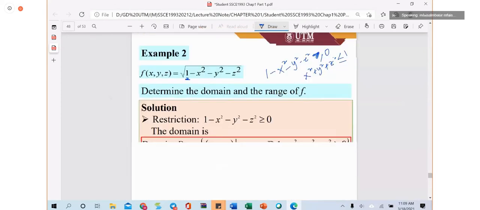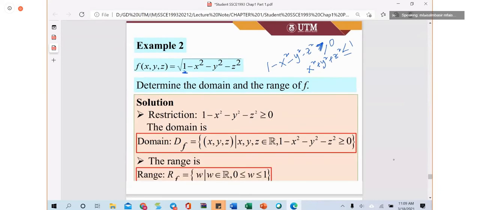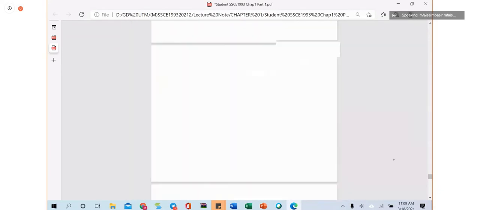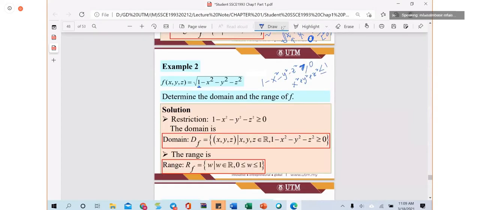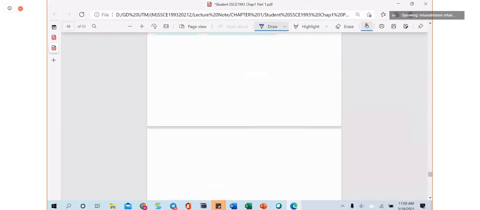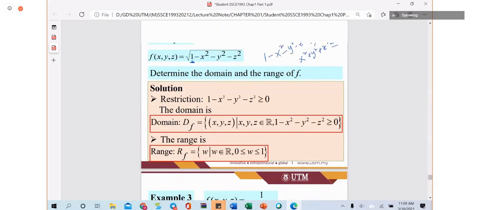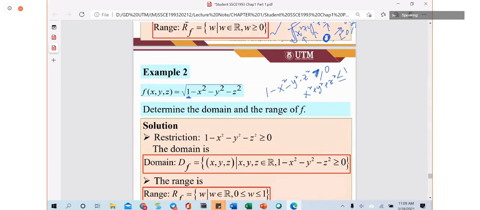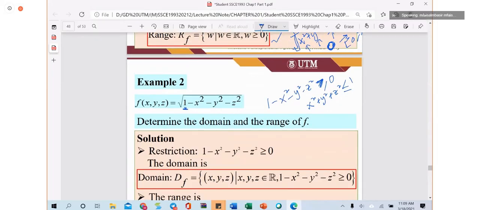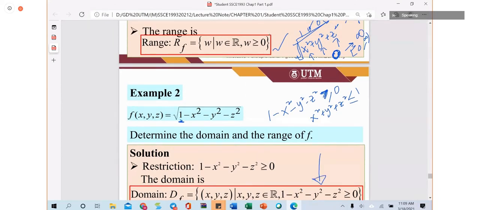So the domain you can write directly like this. This is your domain.